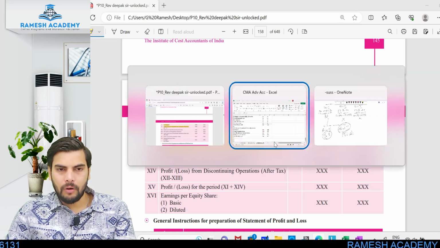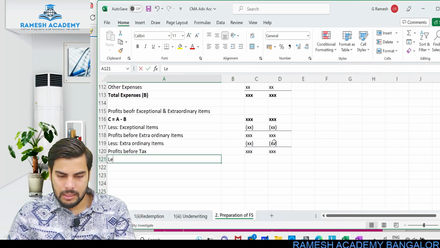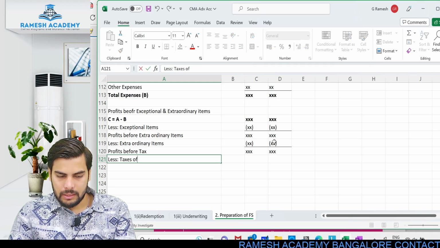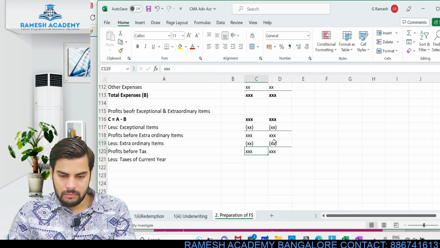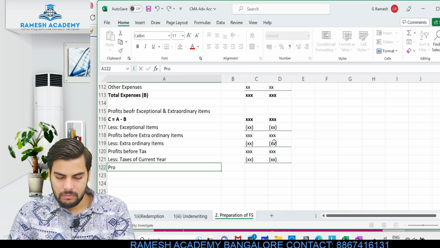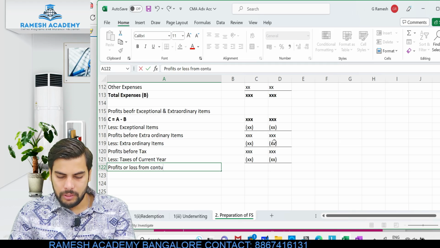From this, less taxes of current year, I get profit or loss from continuing operation.